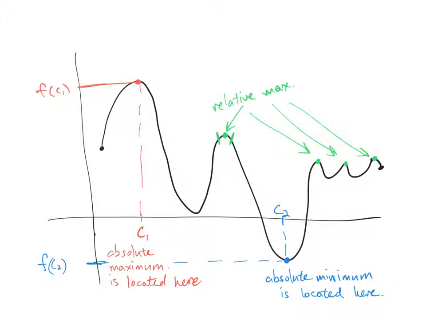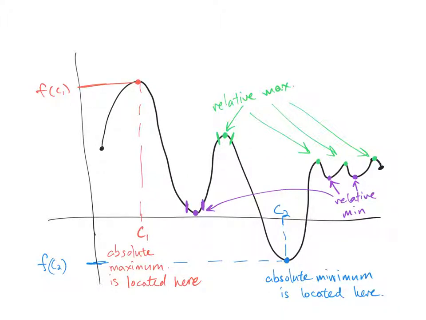So on the other hand, we can have absolute and relative minimums or minima. So this point and this point and this point would all be relative minima. And that would be here, that would be here, and that would be here. And you can see that just on this little portion of the graph right here, that is, in fact, the lowest point on that little portion of the graph.